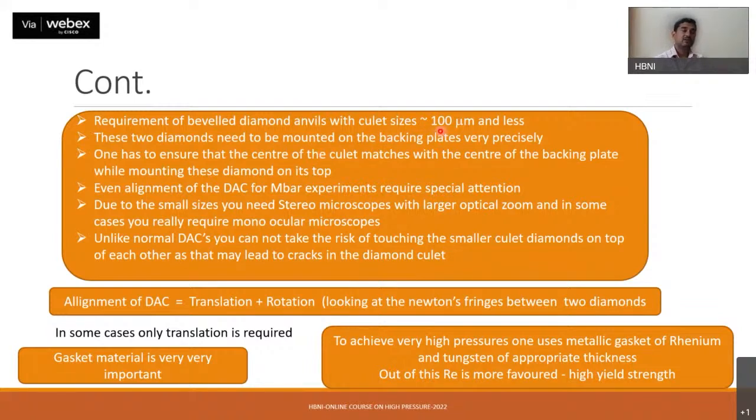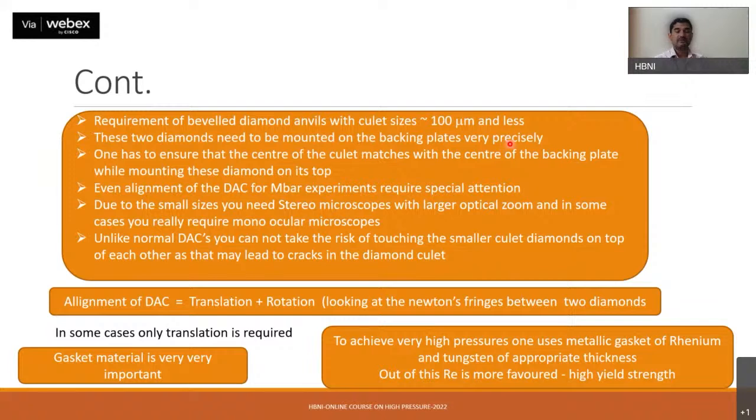Many times, you may also lose your diamond anvils while aligning the cells, while loading, or while pressurizing the sample. The success rate is really very low in this kind of experiments.